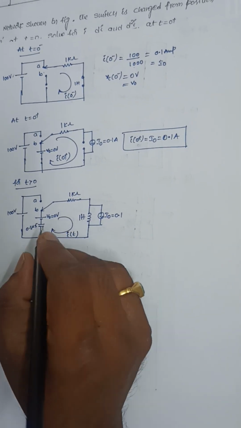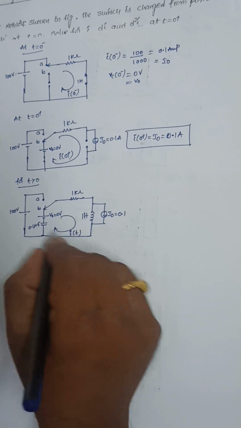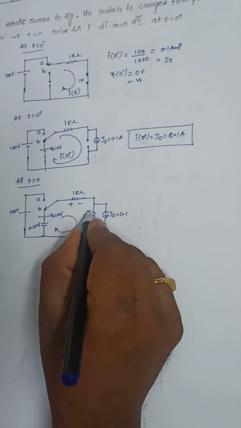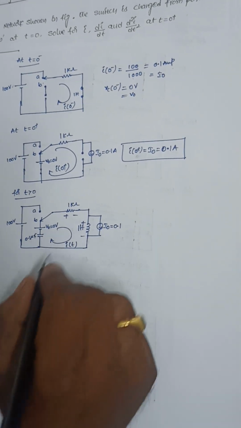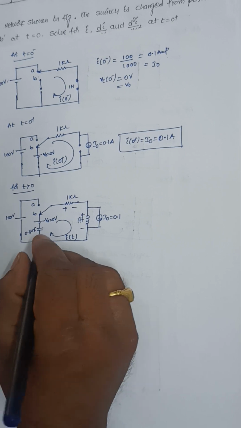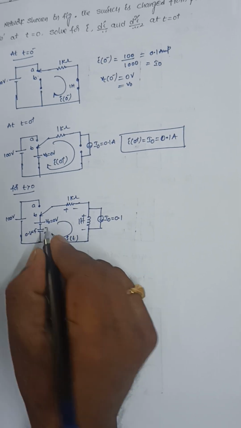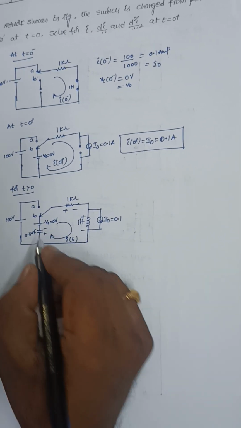Now this value has plus and minus polarity. I need to find this I of t.